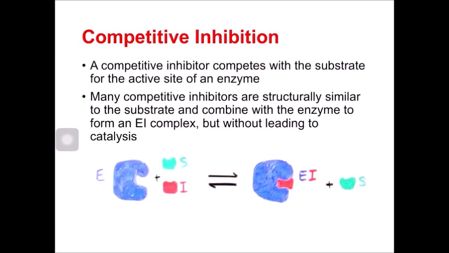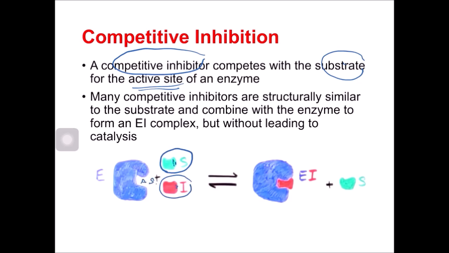When we say competitive inhibition, this means that the substrate and the inhibitor compete at the same active site of the enzyme. Say for example, on the figure, we have the substrate and the inhibitor, and this is the active site. These entities compete for the same active site.